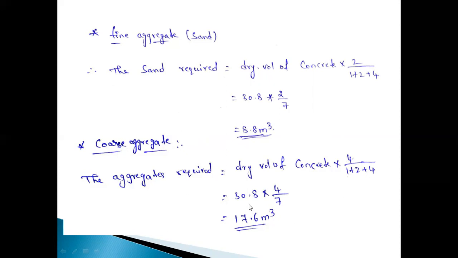So dry volume of concrete is 30.8 multiplied with 4 divided by 7. Then finally the requirement of aggregate is 17.6 cubic meters. This is for the 20 cubic meter wet concrete.